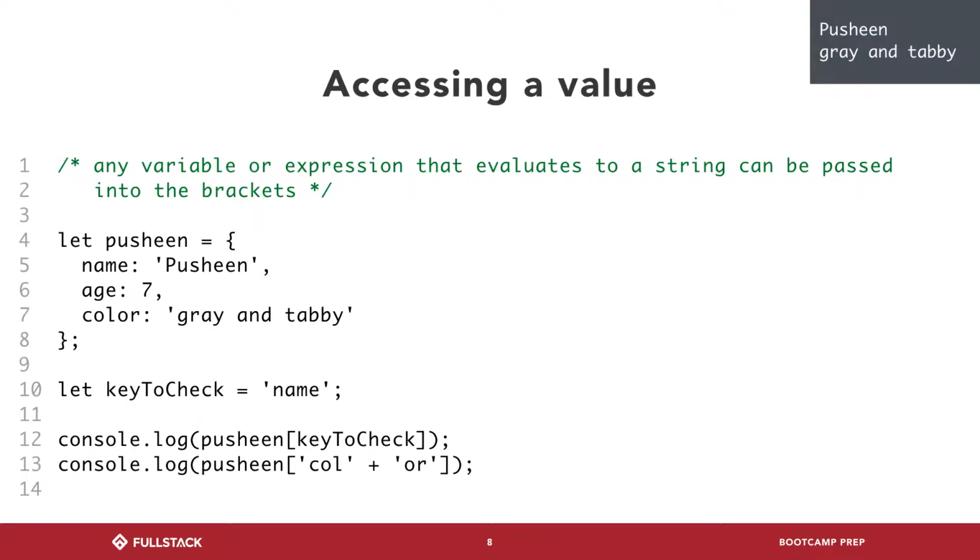So we can also very easily pass in this variable as the key, so to speak, into the bracket notation as well. Or we can even make an operation, right? In this case, we're adding 2 strings together. So to a computer, in the order of operations, it would evaluate this first, and that would get us color, this string called color, and then it would pass that in as a key to look for. So using bracket notation, we can also very easily use variables.